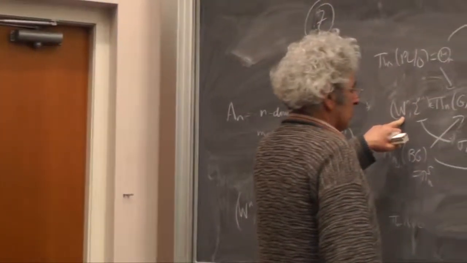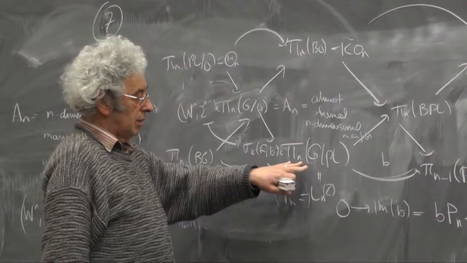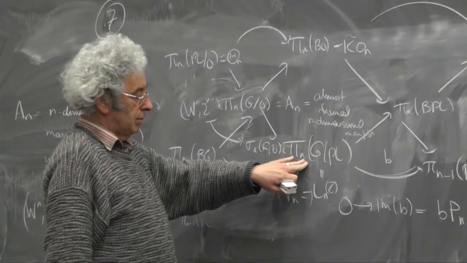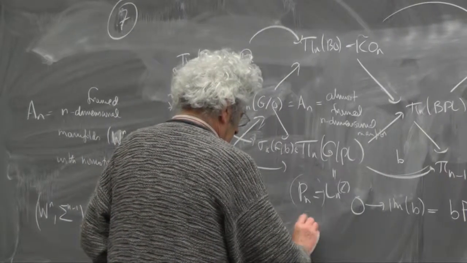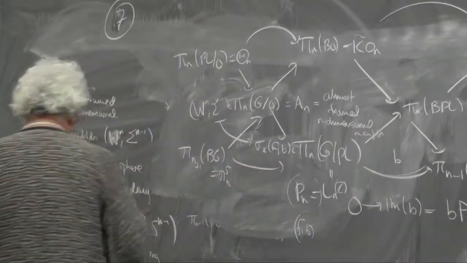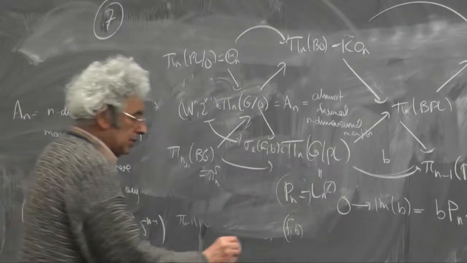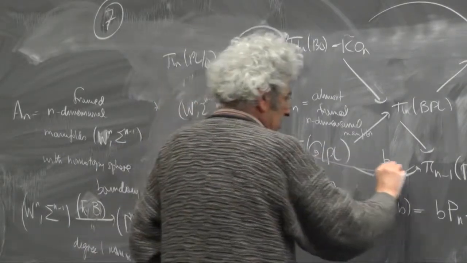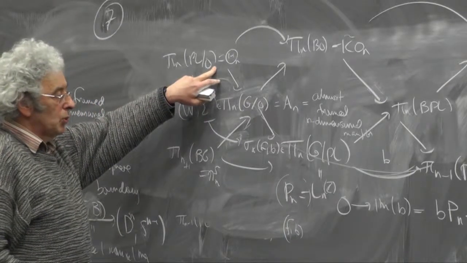And if you've got some W, here you've got a normal map. Let's call this F, big B. This is F. So this is the way in which these groups were computed.